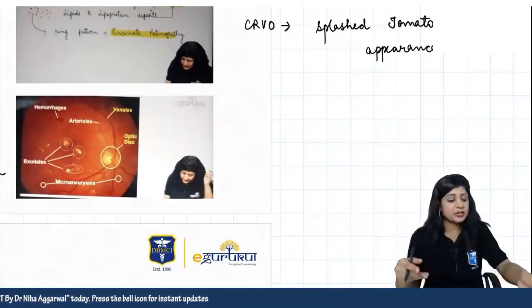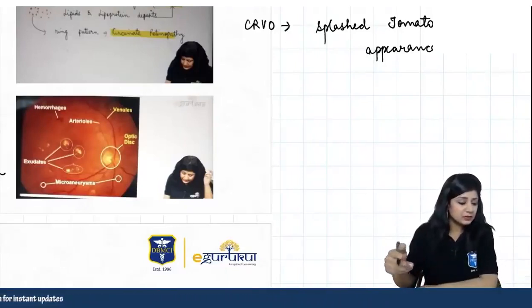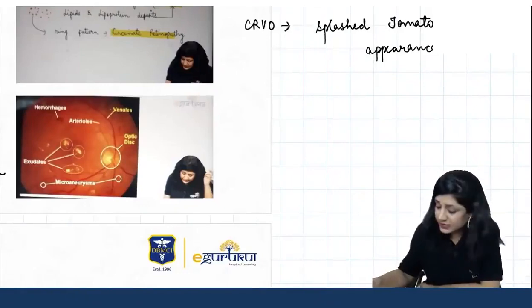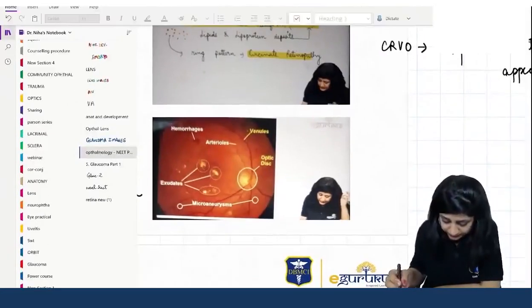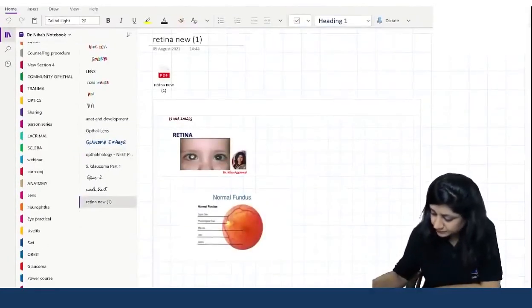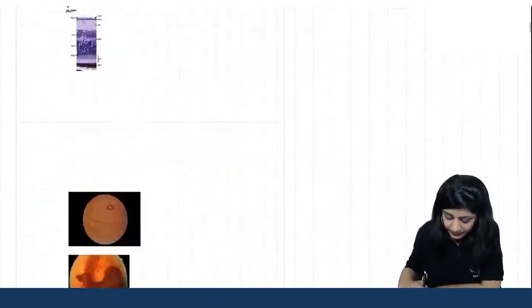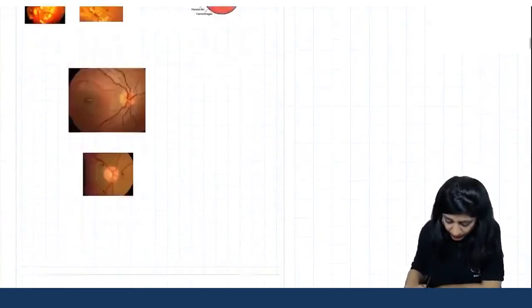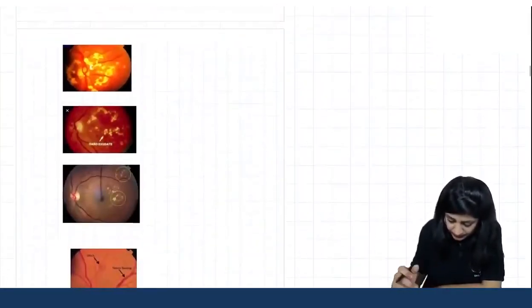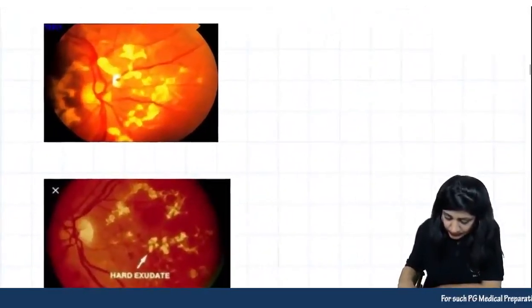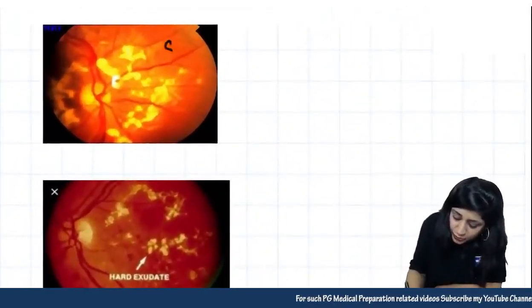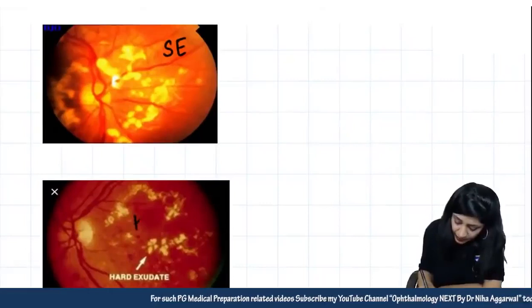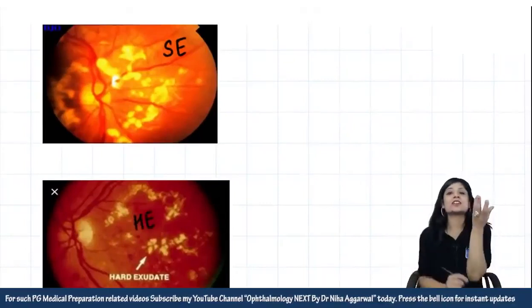How to differentiate between hard exudates and soft exudates? Okay, wait. I think in the revision also I have shown you multiple times. So look at them once again. See this. These are your soft exudates and these are your hard exudates. Look at the size of the soft exudates.